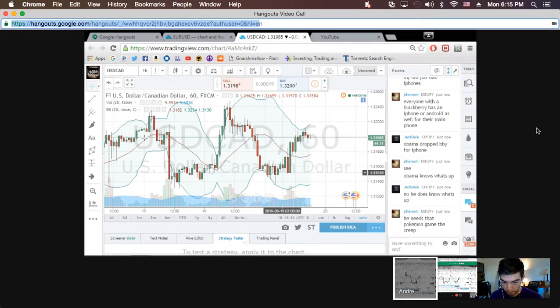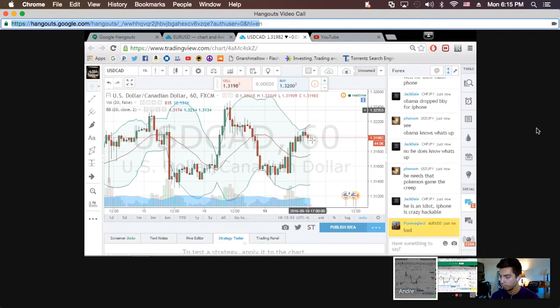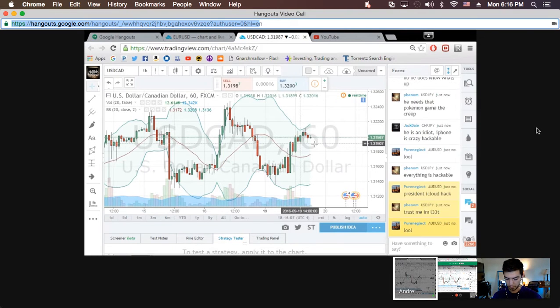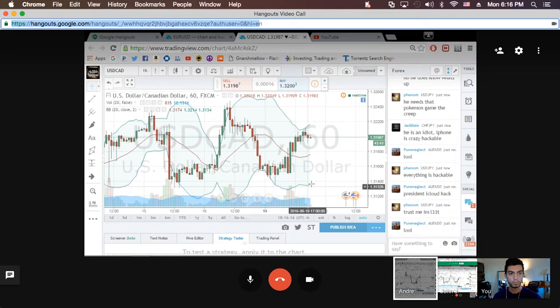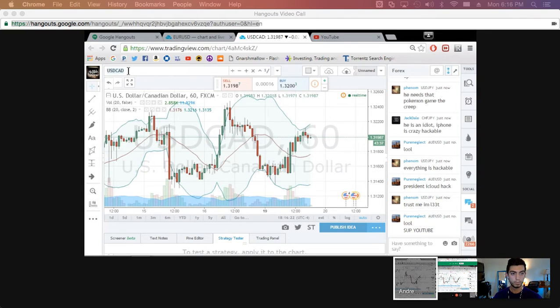It's following a downtrend movement pretty well, hitting the Bollinger Bands every single time it does a trend. So it's safe to assume, because this candle is engulfing this candle and that one, that it should be a decent downtrend. However, the US dollar is a good buy, so this could shoot back up. It's like a downtrend, so I would wait for an entry on USD CAD. If it goes down to the bottom Bollinger Band again, I would buy, and it can go anywhere. So that's my analysis.